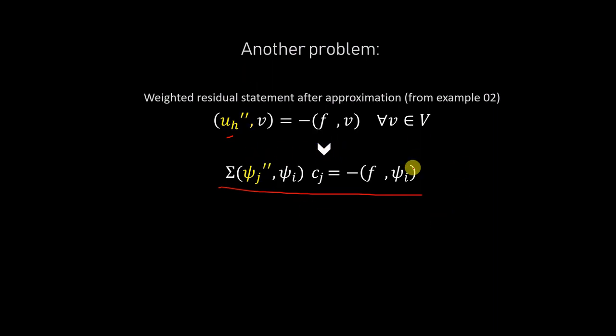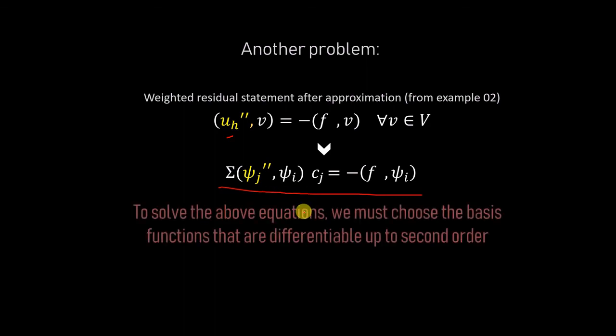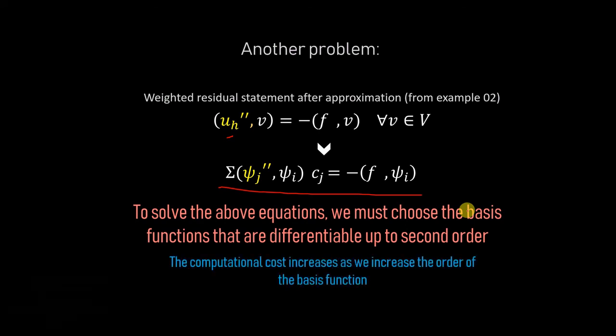So what's the solution for this? The example of not being able to use basis functions that are differentiable up to second order is in FEM. In FEM the basis functions that we will be using will be mostly C0 continuous and at most C1 continuous.